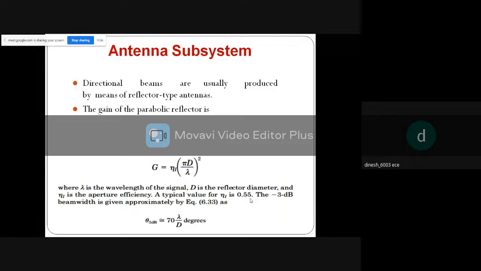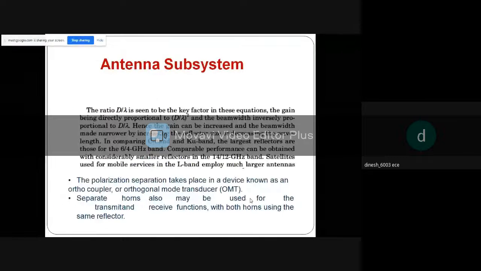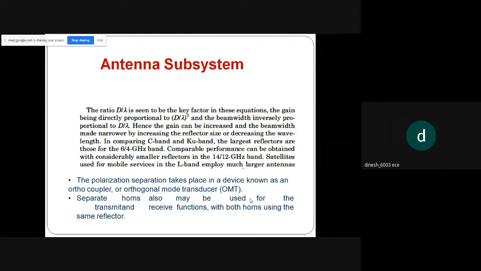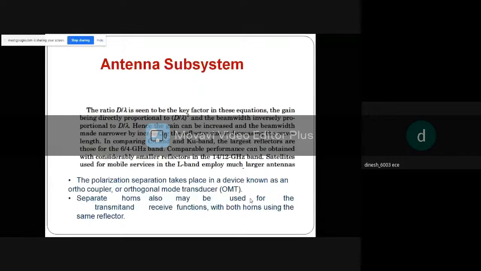Since you have studied in depth about all the antennas and propagation, I'll skip this derivation. Okay, so this is your parabolic reflector antenna's gain. That's all. Okay. The polarization takes place in a device known as orthocoupler or orthogonal mode transducer (OMT) in the antenna subsystem of the satellite. So in comparing the C band and Ku band, the largest reflectors are used for 6/4.